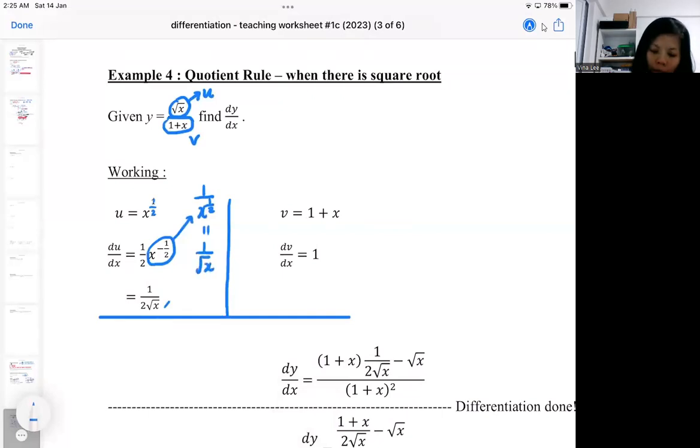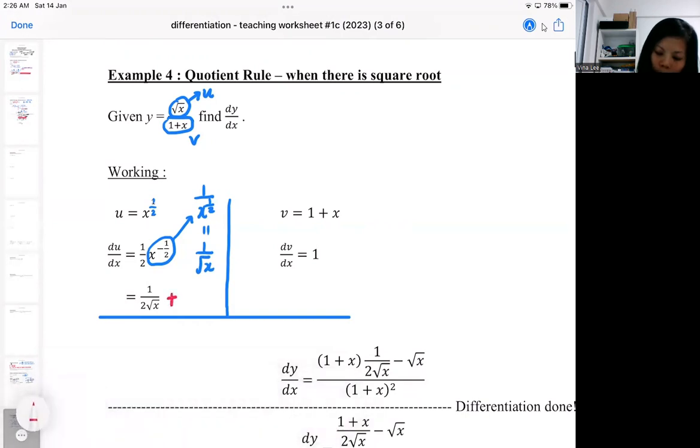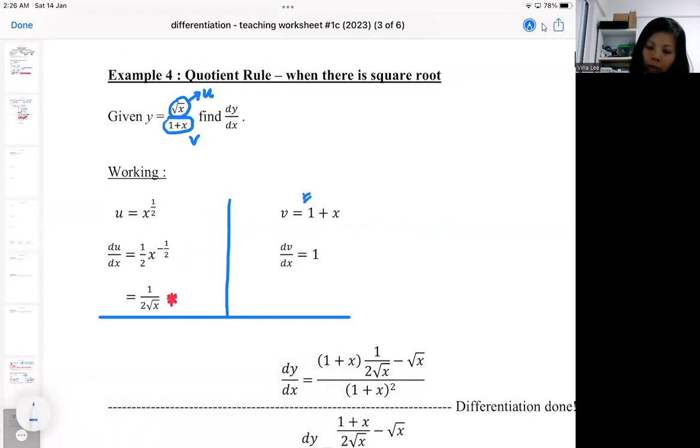That's how I end up with this. This part is very important. You need to simplify into a proper square root so that it facilitates your simplification process later on. For the function v, I think it's a lot easier. That is just rule number 1 and then rule number 2.